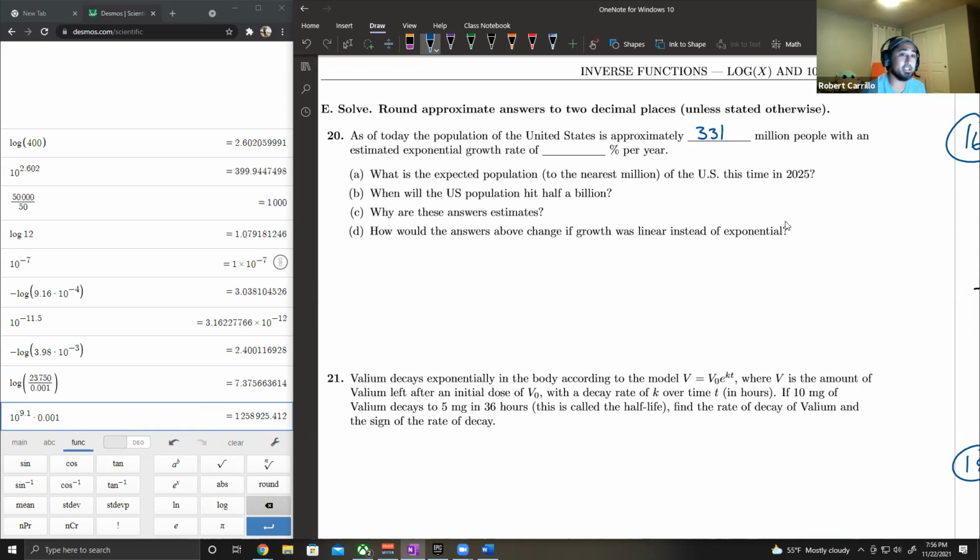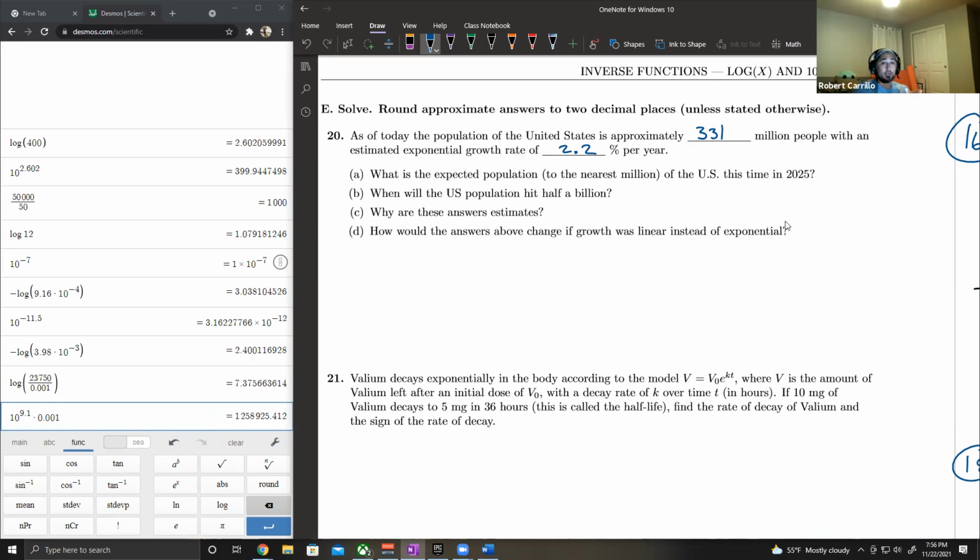We'll just leave it as 331. Okay. And then somebody Google the growth rate. 2.2% per year. Cool. All right. So what is the expected population to the nearest million of the US this time in 2025?